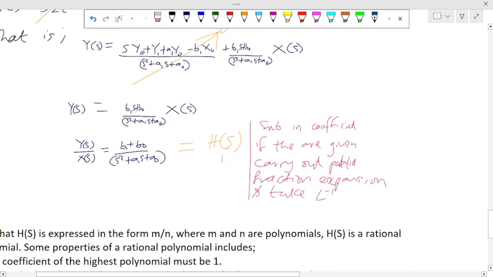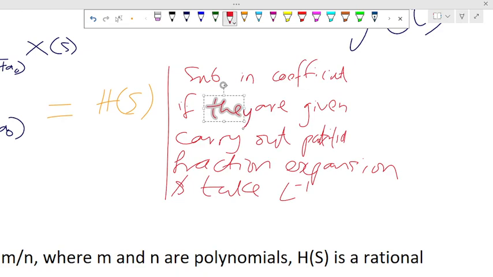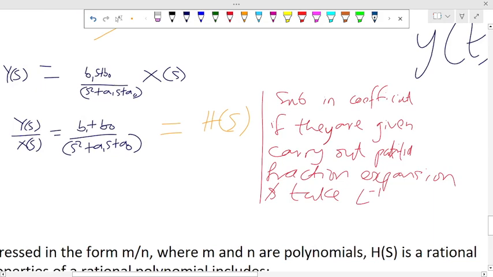If we want to completely solve to the point where we have y(t), all you have to do is substitute in the coefficients if they are given.